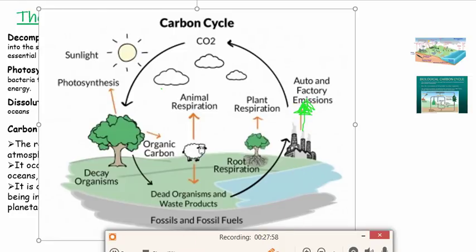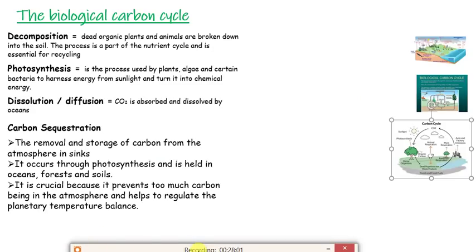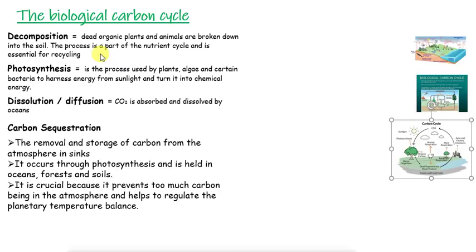Right then, some keywords that we should have just covered. Decomposition is when dead organic plants and animals are broken down into the soil as part of the nutrient cycle, and is essential for recycling. Photosynthesis is the process used by plants, and also phytoplankton in the oceans do it as well, which we're going to get onto in the next lesson.